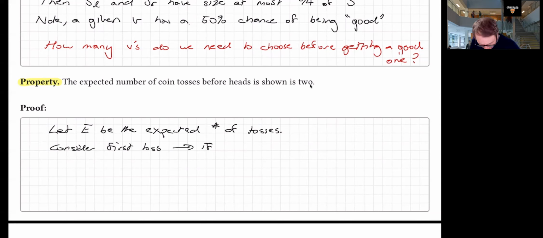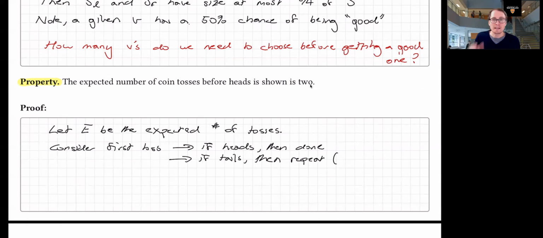If it's heads, then we're done. If it's tails, then we have to repeat. And the key is that a coin is memoryless, right? The coin does not remember that it got tails the first time. And so the fact that I've already flipped the coin does not affect the expected number from there to the end.